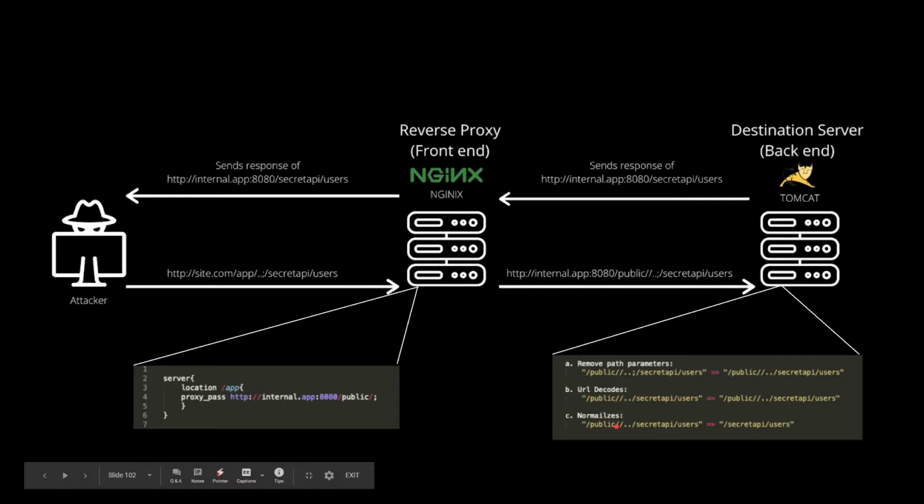Finally, we are normalizing the unresolved path. In this case, we would go one directory back because there is a dot dot slash here, and we would end up in secret API/users. So now the response of internal.app port 8080/secret API/users would be returned to the attacker. And that's how this Nginx and Tomcat misconfiguration occurs.